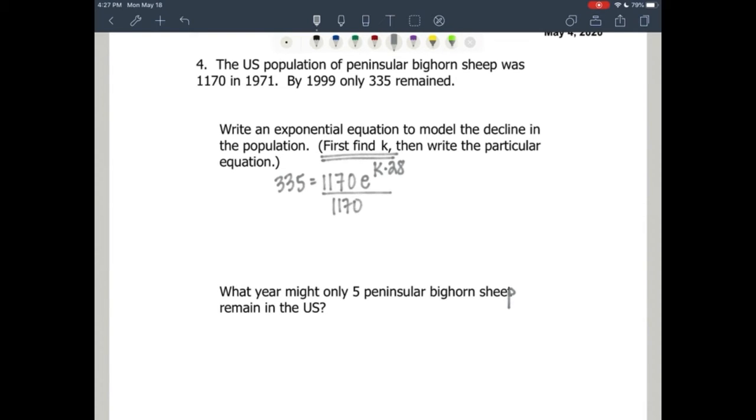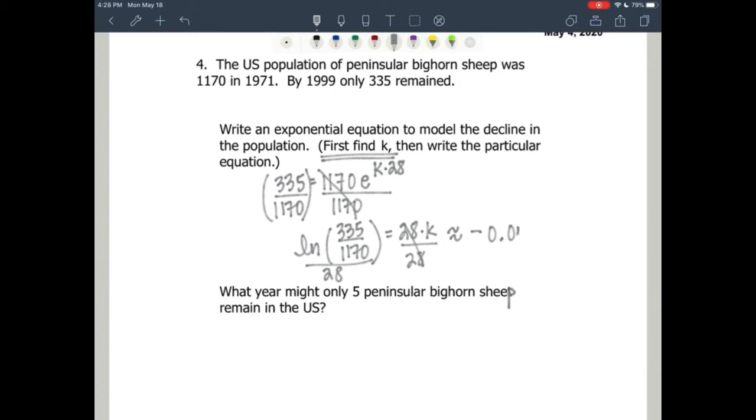We're going to divide both sides by 1170, and we get this fraction as our argument of our logarithm. So we're going to have log base e, which is natural log, of 335 over 1170 equals 28 times k. Divide both sides by 28, and on paper k is approximately negative 0.0447.